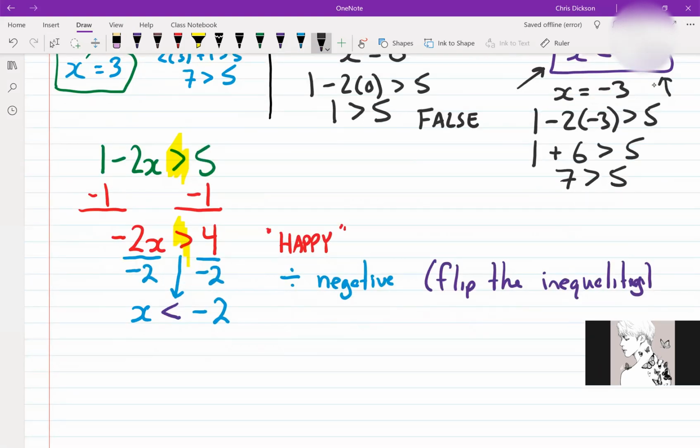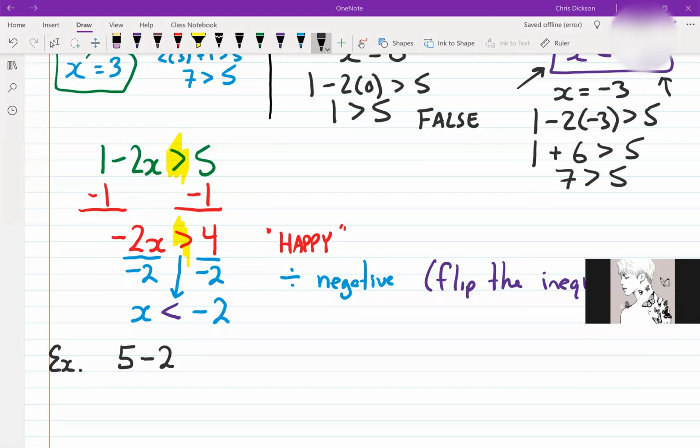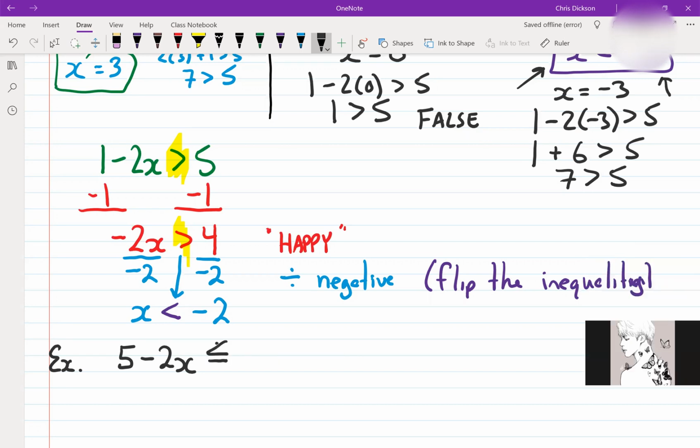So our example here would be something like, let's say 5 minus 2x is less than or equal to, let's say 13. So I'll just give you 30 seconds to try that question, see what you think.